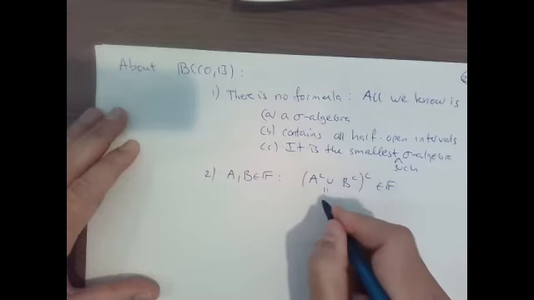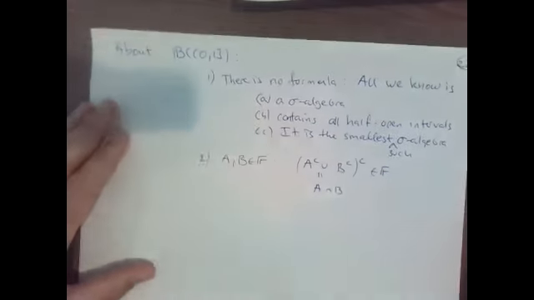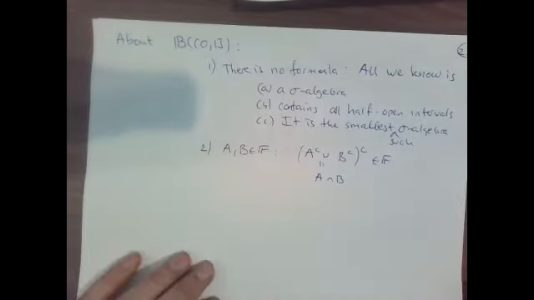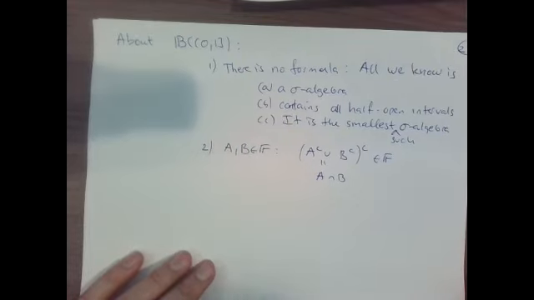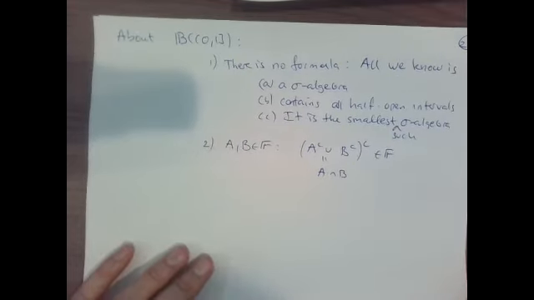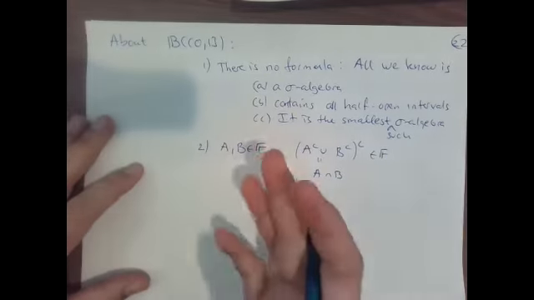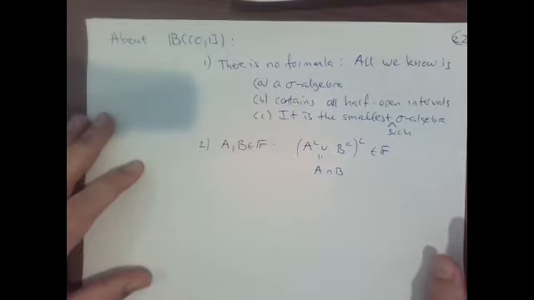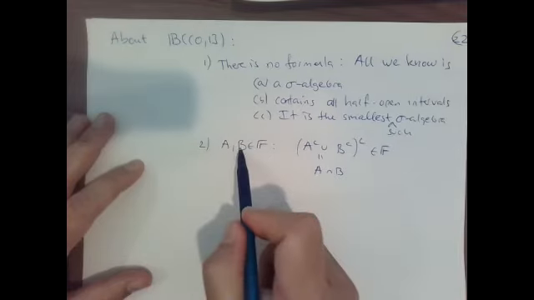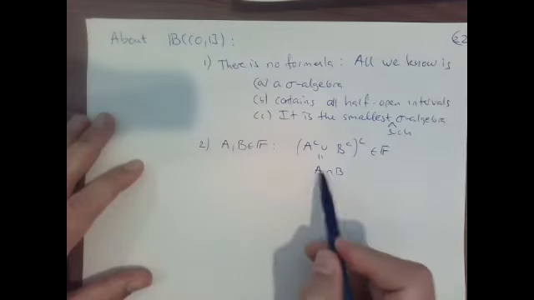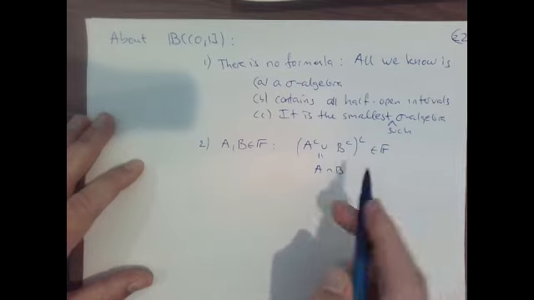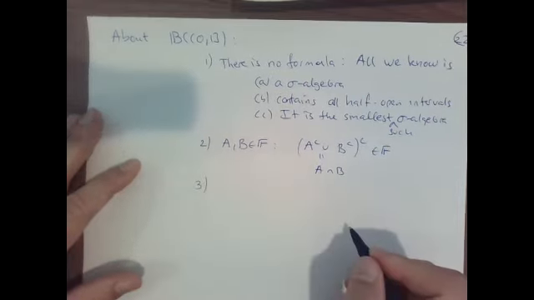If I work out what this is, it's A intersection with B. So I'm also stable under intersections. If I take 2 sets in there, not only is the union in there, the intersection is also in there. I can do the same thing with set difference.